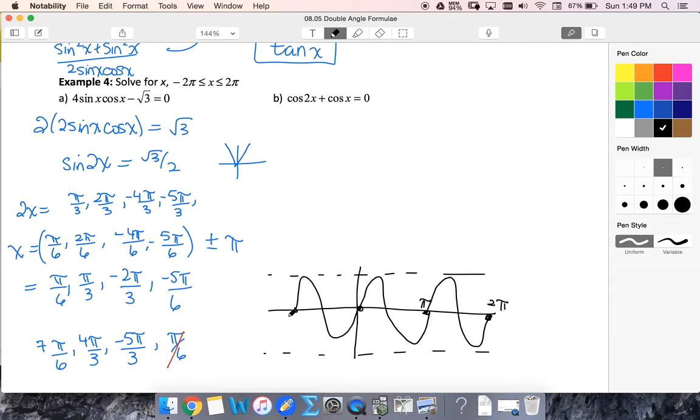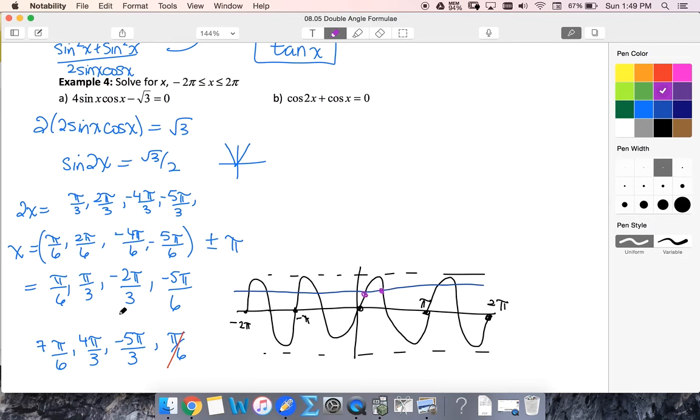Boy, this is a terrible graph. Negative pi, negative 2 pi. And if I'm thinking of wanting that to equal root 3 over 2, that's up here somewhere. So I should end up with 8 answers. 2, 4, 6, 8. 1, 2, 3, 4, 5, 6, 7. I am missing one. So we've got pi over 6.